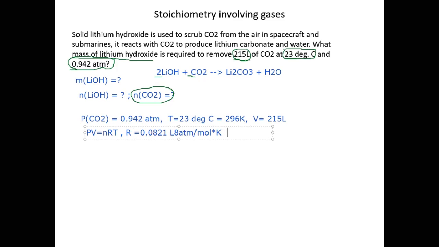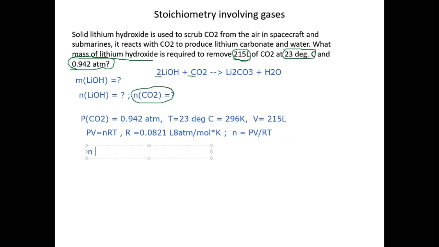And we can rearrange this to solve for moles. So moles equals PV divided by RT. If we know the pressure, the volume, and temperature, we can calculate the moles of carbon dioxide. Then when we know the moles of carbon dioxide, we can determine the moles of lithium hydroxide.